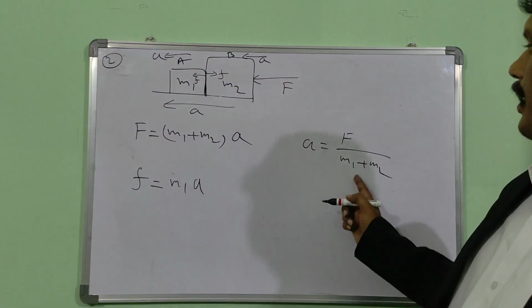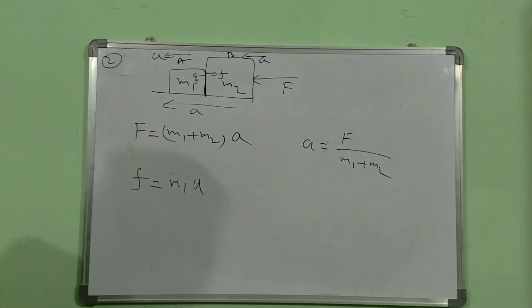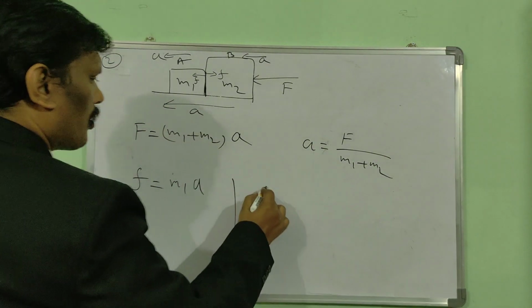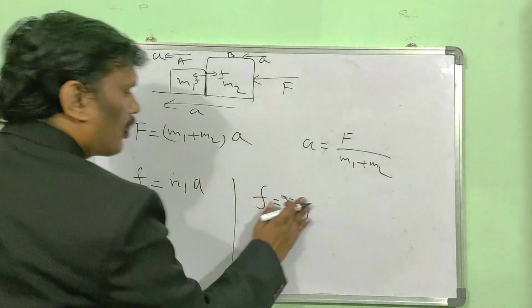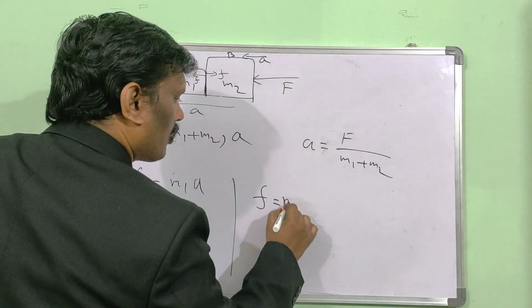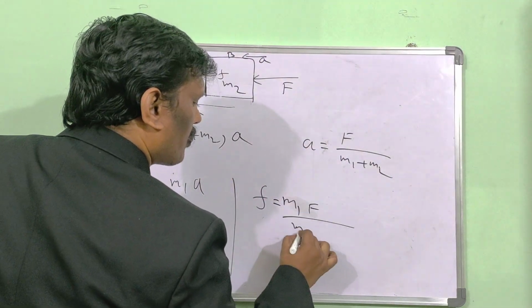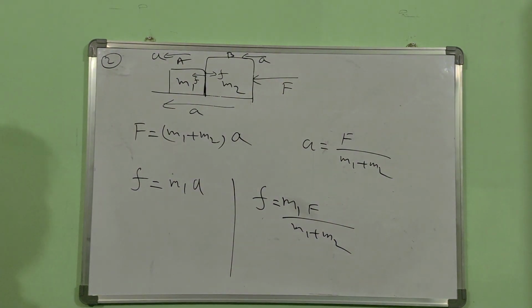Calculate this acceleration from this formula and substitute here. You get the contact force simply. Otherwise, if you require a formula, M1 into what is the A here? This is the A, F upon M1 plus M2. By using this formula, one can calculate the contact force.